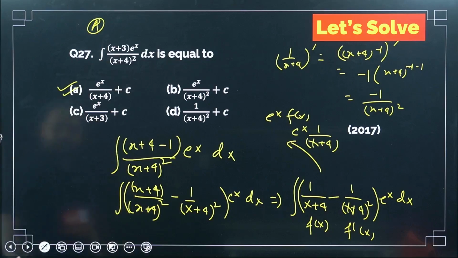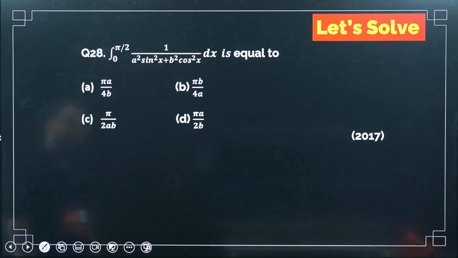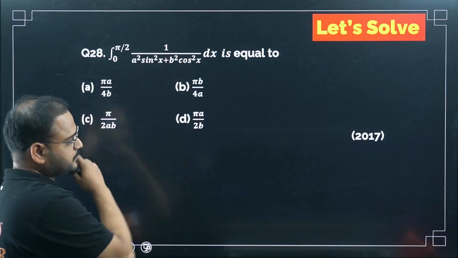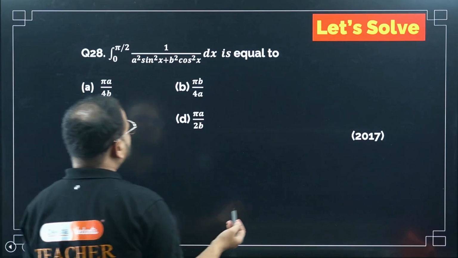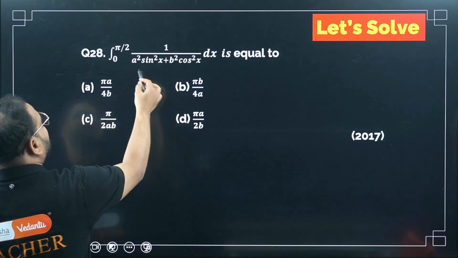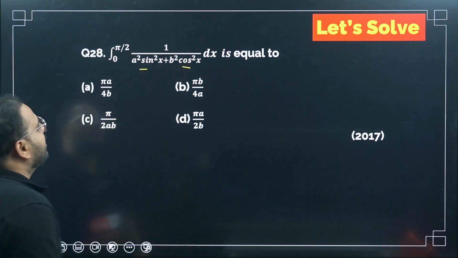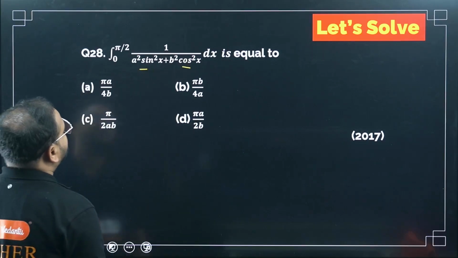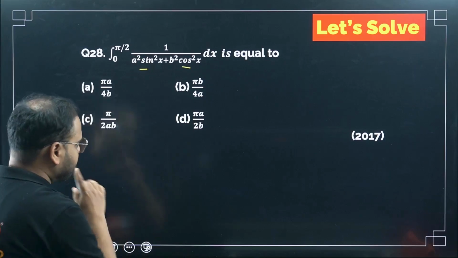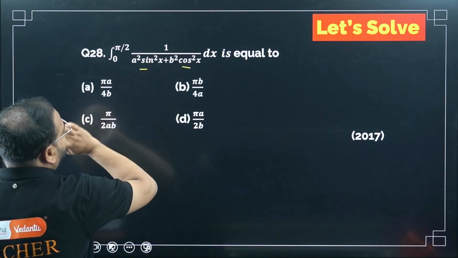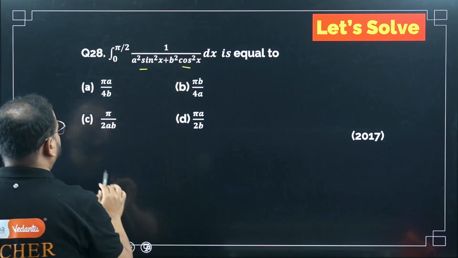Okay, have a look. Moving on. Question number 28. This is a simple question. I can see a square term is there. I can use a particular function over here. How will I use it? Please check. Take cos square and divide everything by cos square.